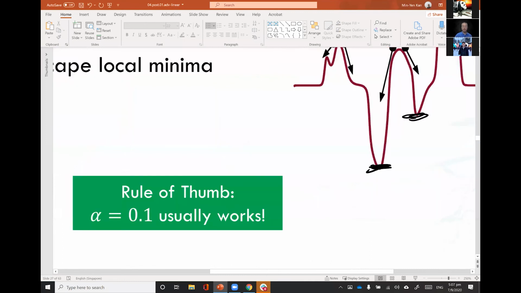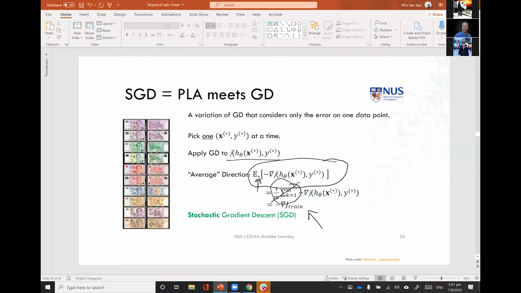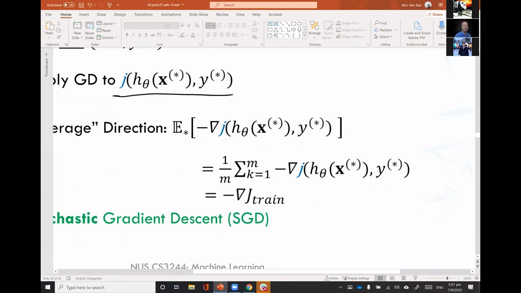And the math is very simple, right? So let's try to get this back to the problem at the front. It's right here, okay? Because what we're just saying is when we take the average direction, that means the expectation of a single point's gradient, right? When we go over all of the expected points, then we're going to write it out as this summation over all of the points.